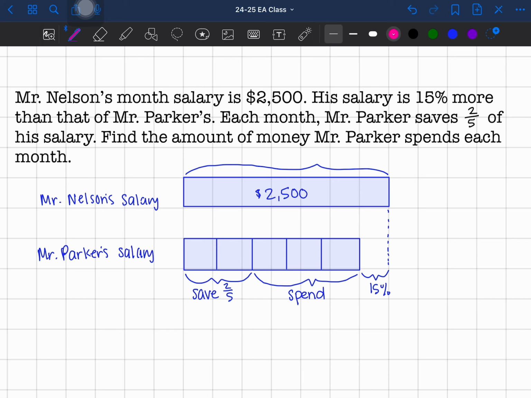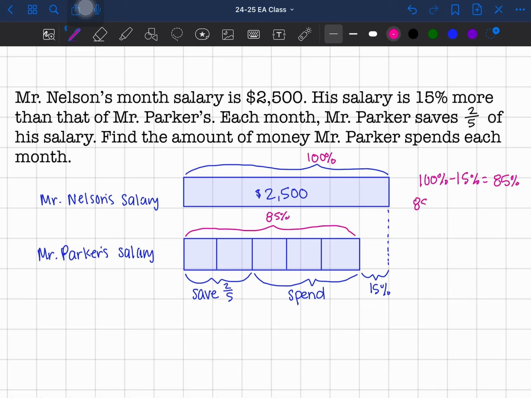We know that Mr. Nelson's is the 100%, because Mr. Nelson's is 15% more, which means Mr. Parker's salary is 15% less. So if we take 100% minus 15%, this means that Mr. Parker's salary is 85% of Mr. Nelson's, which is 2,500.